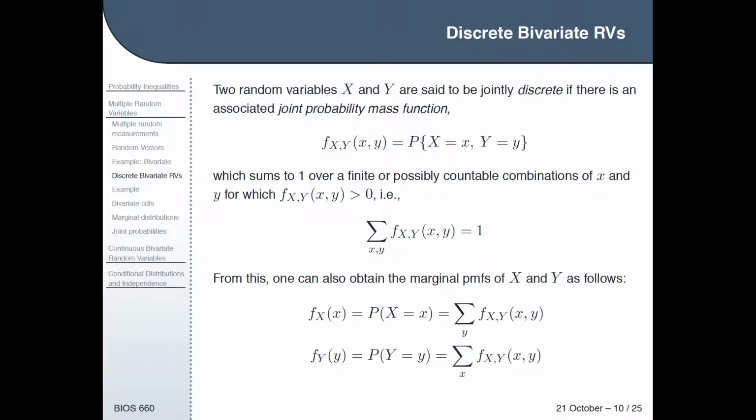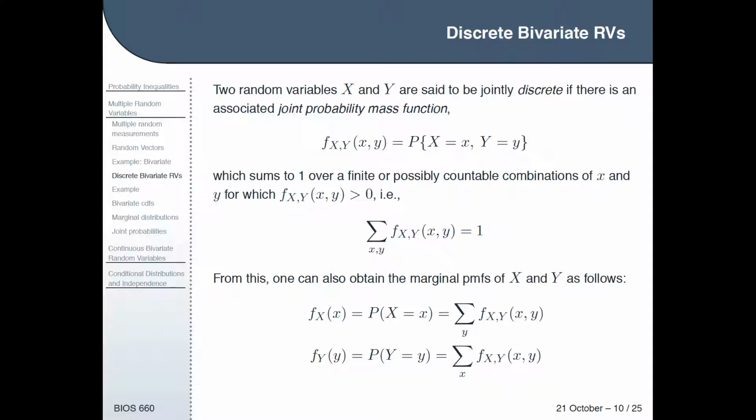And given this joint probability mass function, if you want to find what we call the marginal probability mass functions, which means basically the probability mass function for X alone, or the probability mass function for Y alone, the equivalent of the probability mass functions that we calculated for single random variables, you can do that by taking the joint probability mass function.